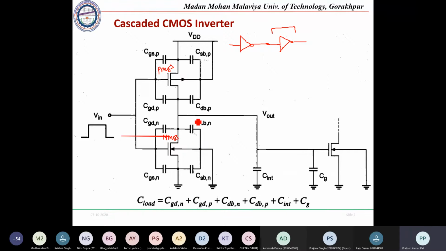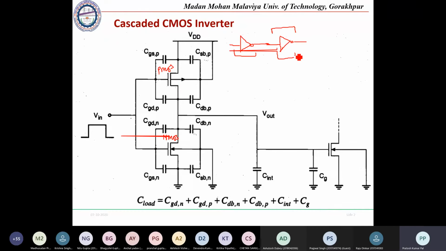There is another capacitance, CGB, but it has a very small value, so we are not including it while analyzing this. This will be the total capacitance associated with the first stage of the inverter.